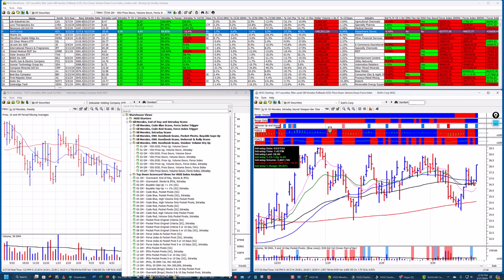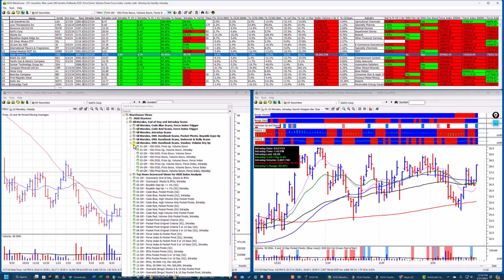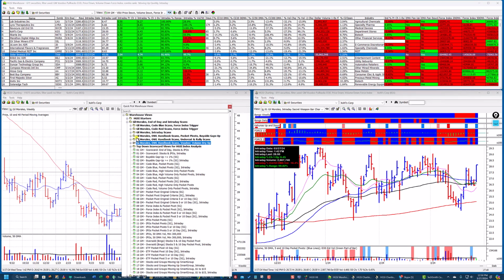Let's look at Coals. Volume was drying up, and the force was negative, but now the force is positive as buyers come back in. So that's it. That's what I've put together for you for the OWL scans. They're not perfect. Nothing is. But these are going to give you plenty of opportunities.